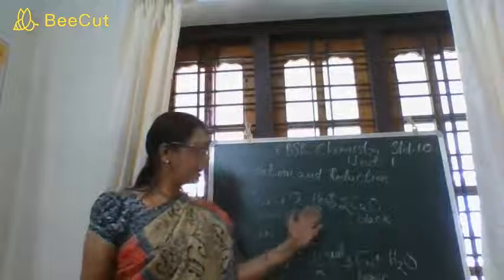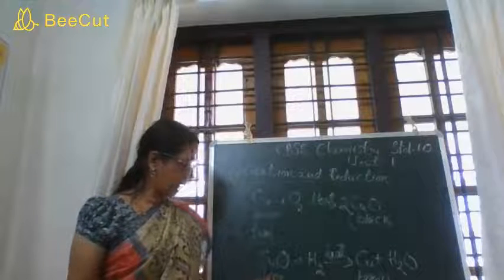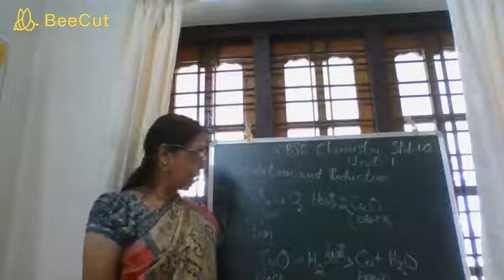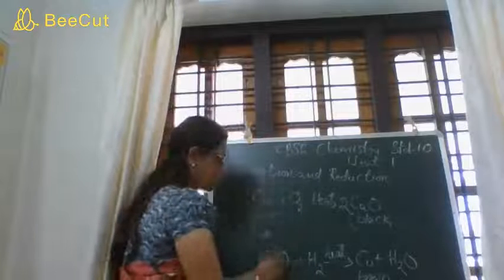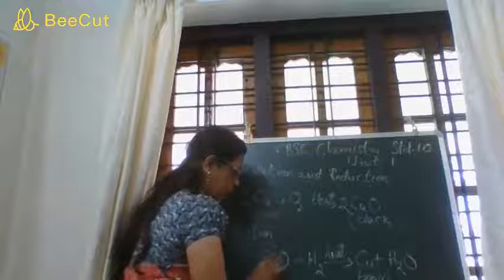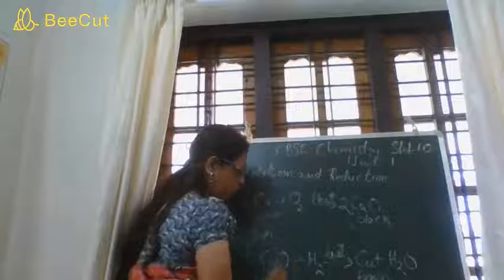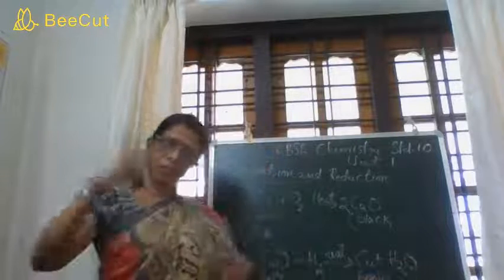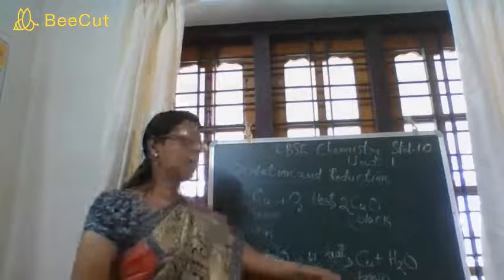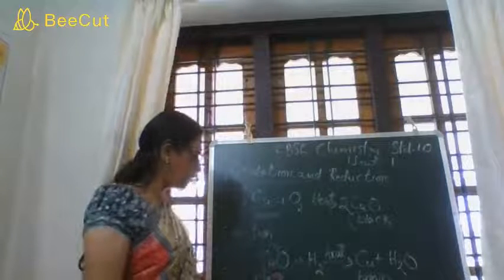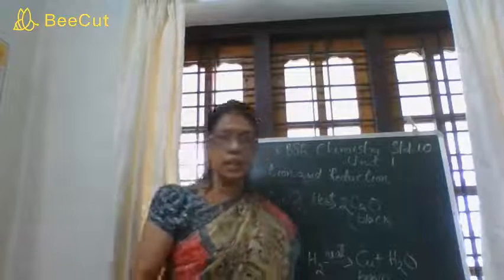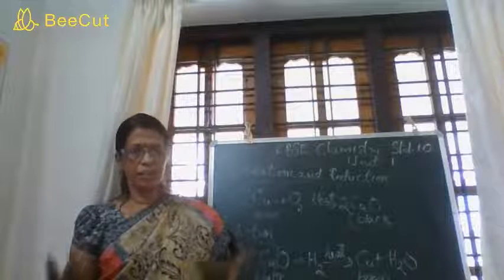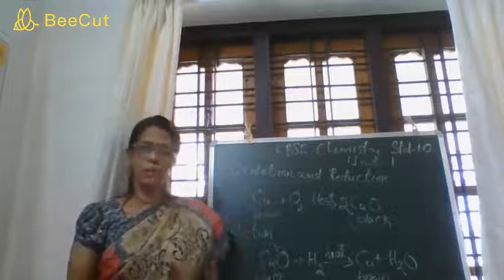And when we pass hydrogen through that black cupric oxide, oxygen is removed from here and we get copper and water. Water vapor will escape. Then copper will be left behind. Then black cupric oxide is gradually turned into reddish brown copper. That is the change that is visible.